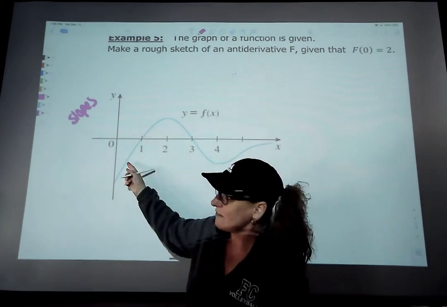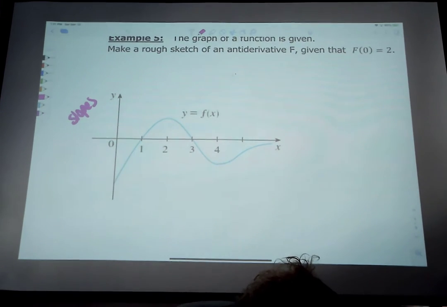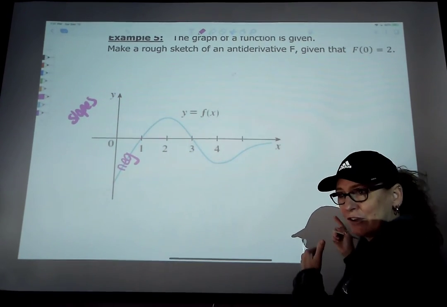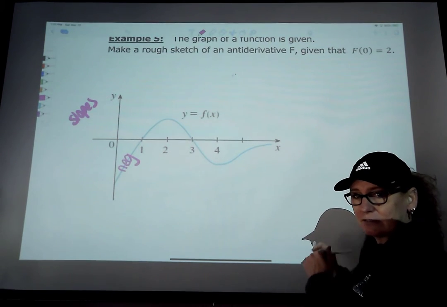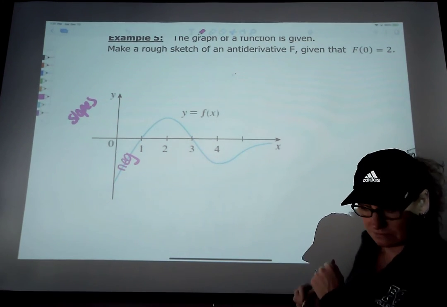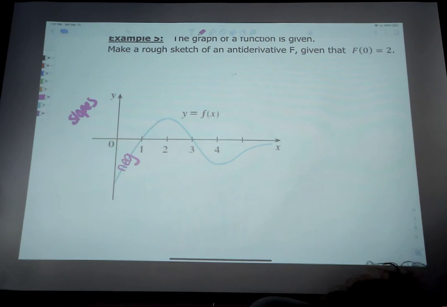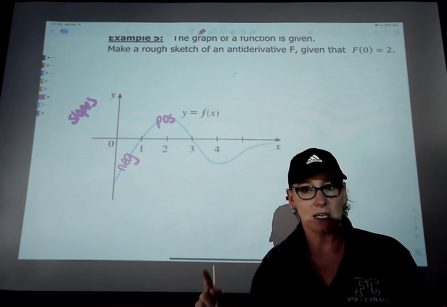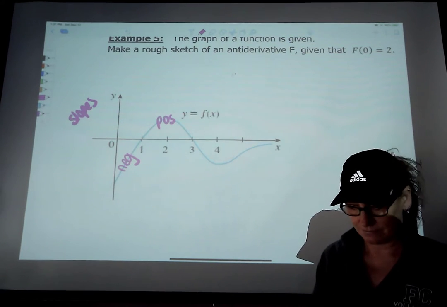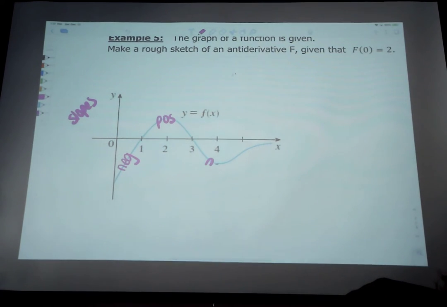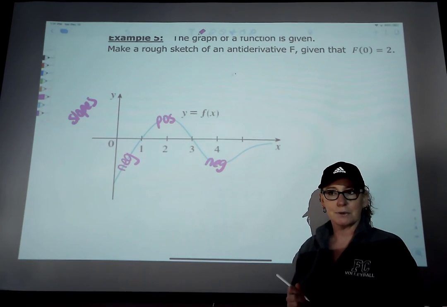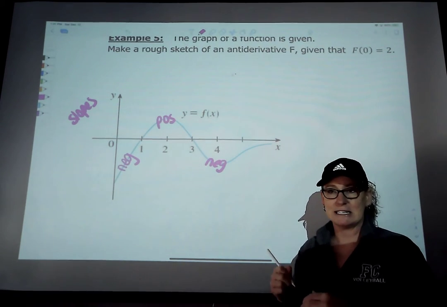Since these y values are negative, big F is going to be decreasing. These y values are positive. Big F is going to be increasing. These y values are negative. Big F is going to be decreasing.